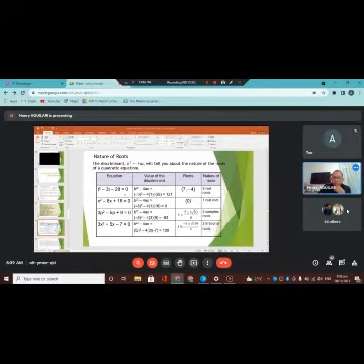So, using the discriminant b squared minus 4ac, we'll be able to determine that if the value of b squared minus 4ac is greater than 0, which means it is positive, then the nature of our roots is two real numbers.